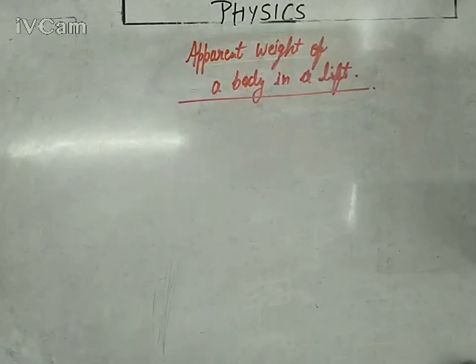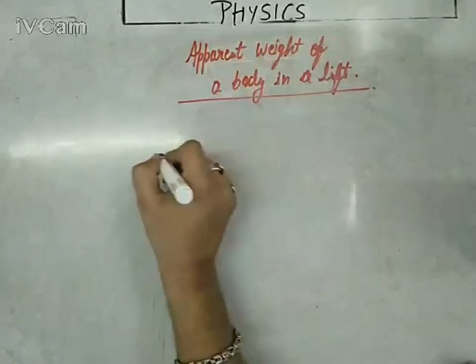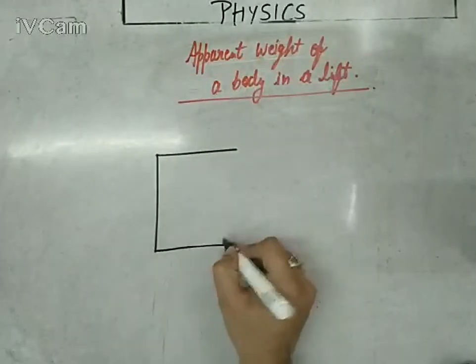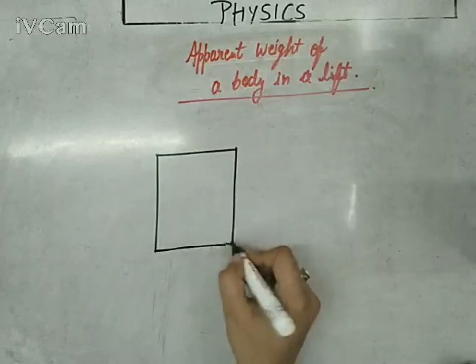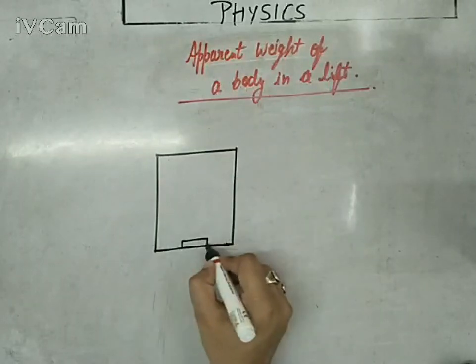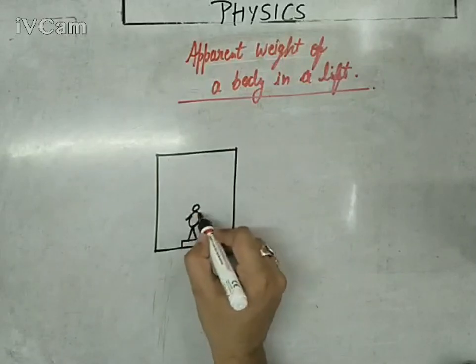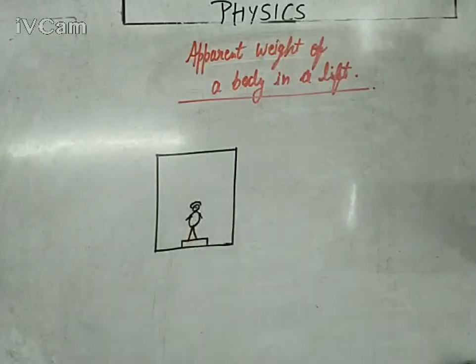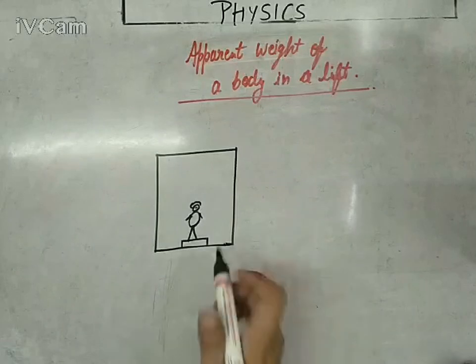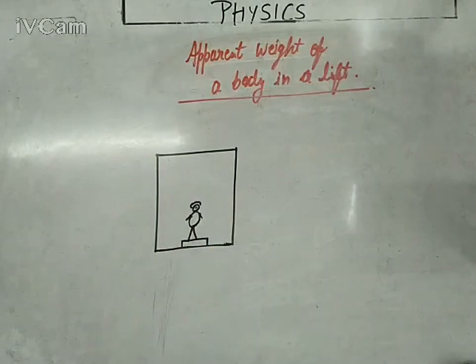So we need to understand what is happening when a lift is being accelerated in upward direction or in downward direction. Let's take an example of the lift. We are assuming that in a stationary lift, a person is measuring his weight by standing over a weighing machine. The weighing machine works on a simple principle, the action reaction law.